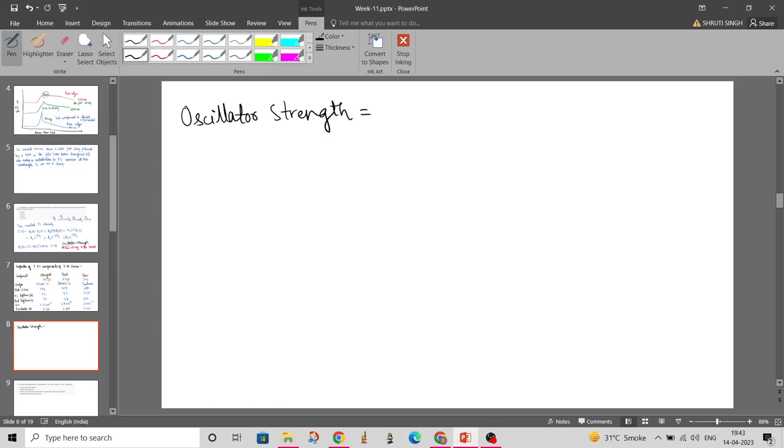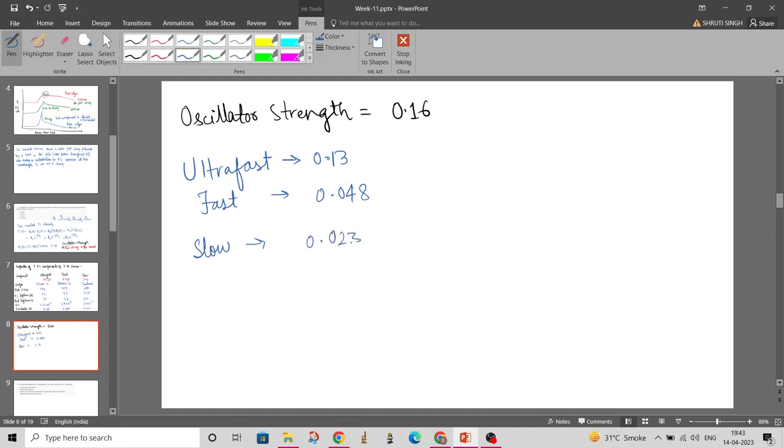Oscillator strength is calculated from the absorbance spectra. So from the absorbance which they got, oscillator strength was about 0.16. Now for ultrafast we had 0.13, for fast 0.048, and for slow 0.023.